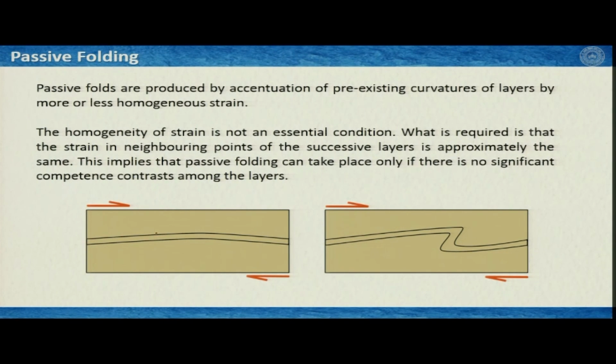I have a curved layer here, you see the colors are similar here, here and here. So, their viscosities or compositions are very much similar, but they are separated by some sort of layers. And if I apply a shear, then this slightly bended layer may produce a folded like structure like this, but this is not an active fold, this is a passive fold, because the strain here and strain here are very similar.